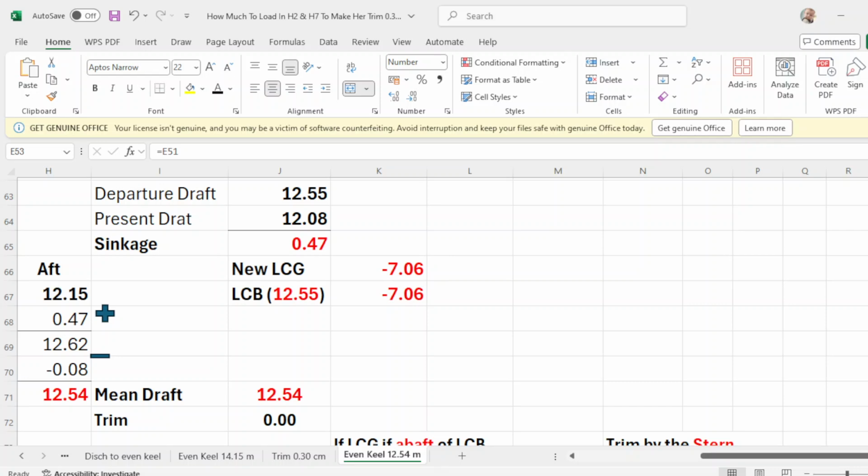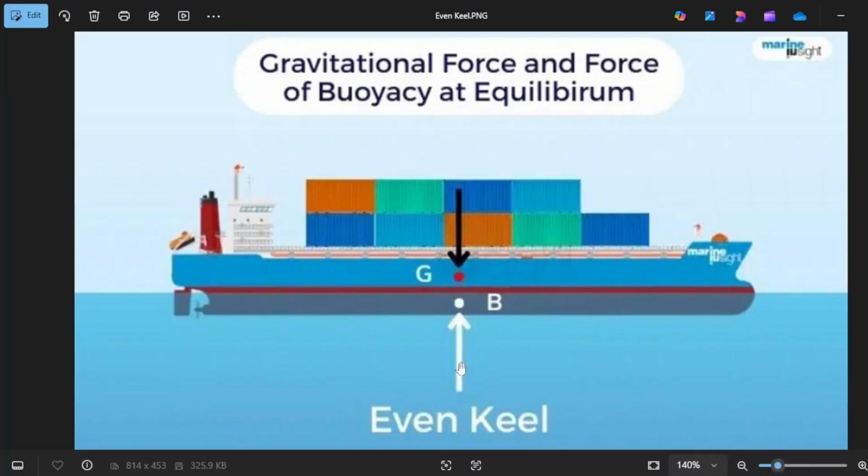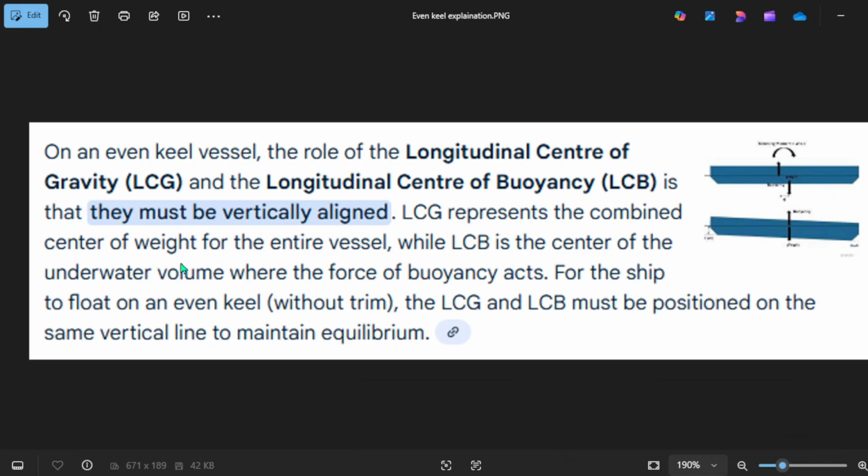Now, take note of this diagram, guys. When your LCB is in line with the, okay, I will explain this much better. Let's read this.